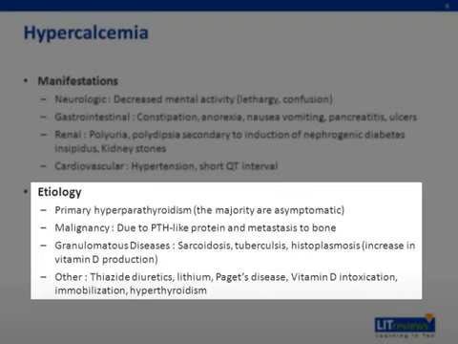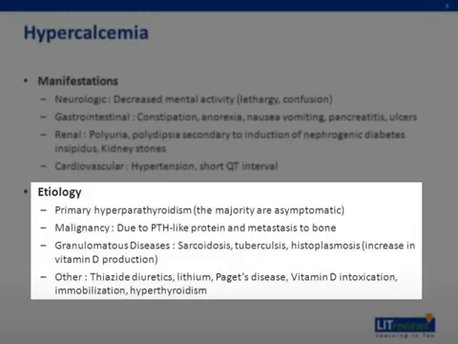Etiology. The most common cause of hypercalcemia is primary hyperparathyroidism. The majority of patients with hyperparathyroidism do not have symptoms, and the diagnosis comes to light because of routine office-based testing. The hypercalcemia of malignancy occurs due to a PTH-like protein and metastatic disease to the bone. Granulomatous diseases such as sarcoidosis, tuberculosis, berylliosis, histoplasmosis, and coccidioidomycosis are all associated with hypercalcemia.